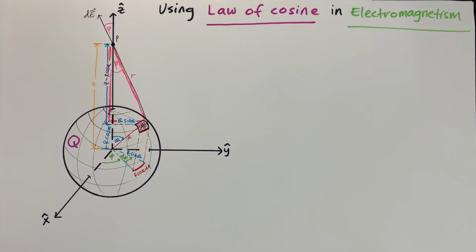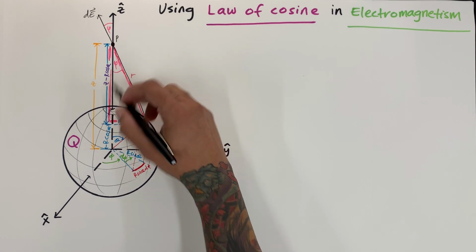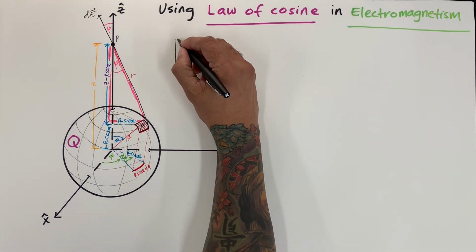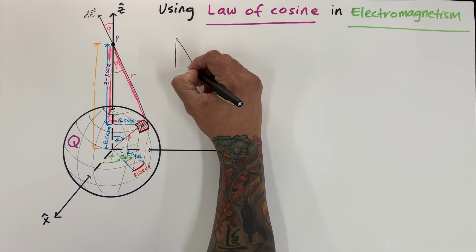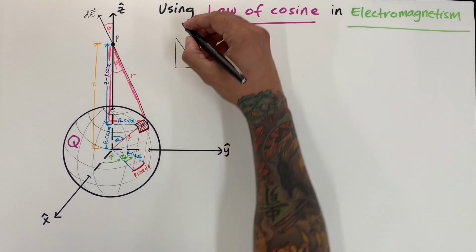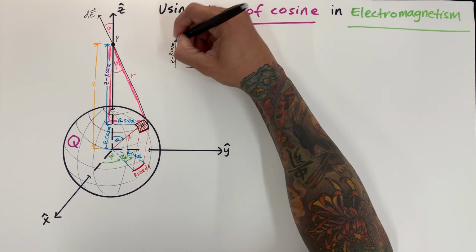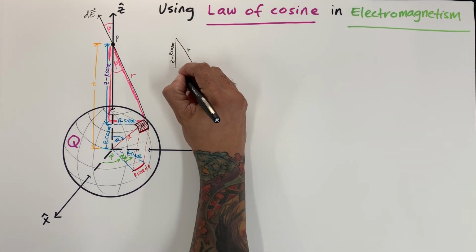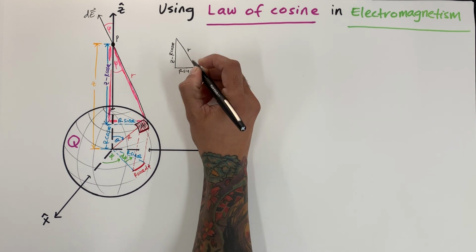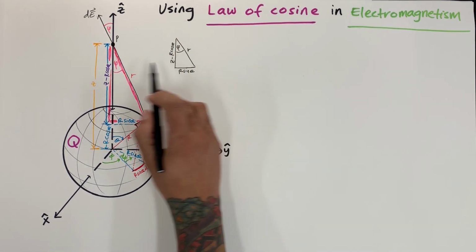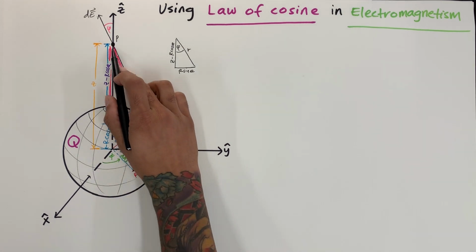And I just want to be clear on what we're looking at. We have this top triangle up here, which is r, and this side is z minus r cosine theta, and this bottom part is r sine theta, and this is the angle. This triangle is the one in pink right here.